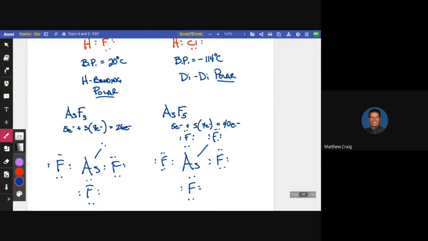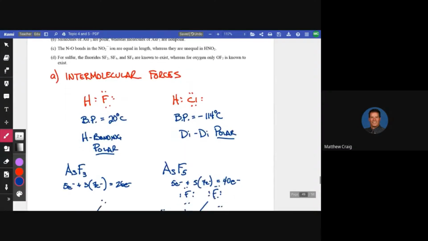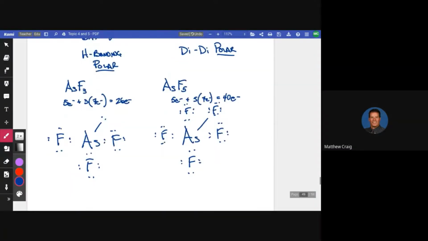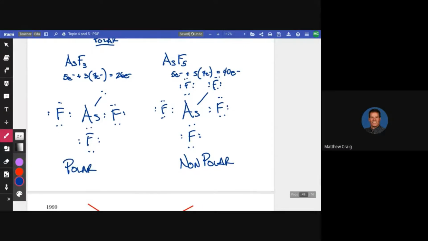All right. So the question asks, molecules of AsF3 are polar, whereas AsF5 are not. Why? And you can't just leave it as a Lewis dot structure and walk away. So we can't say that it's trigonal bipyramidal symmetry?